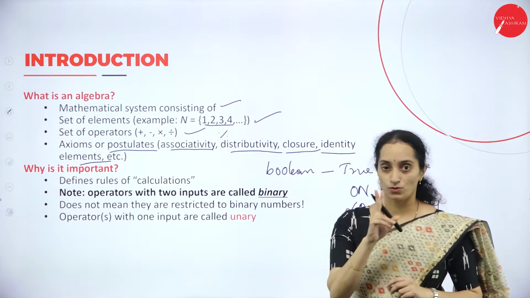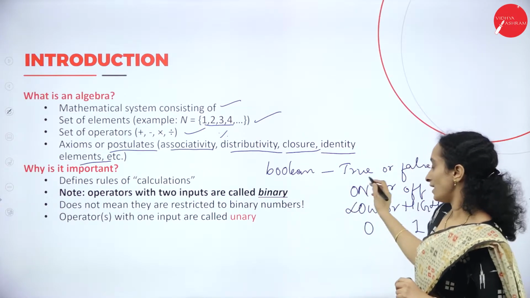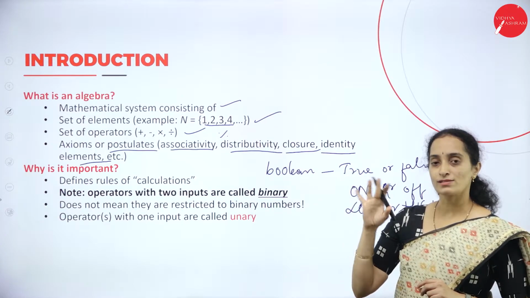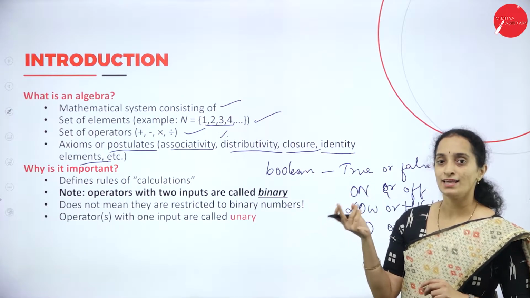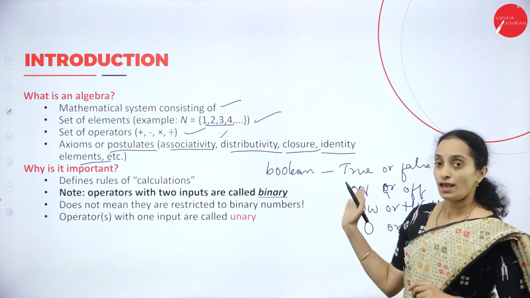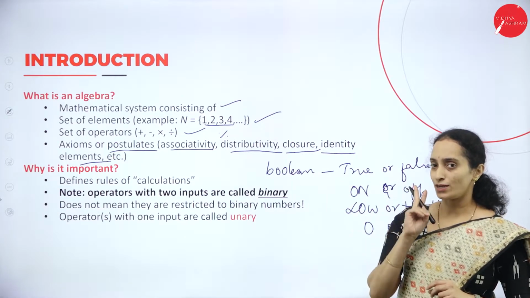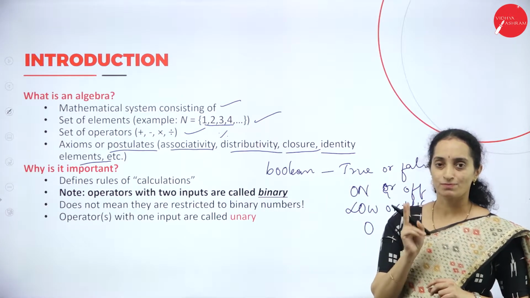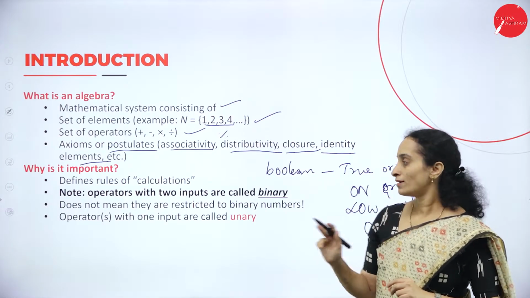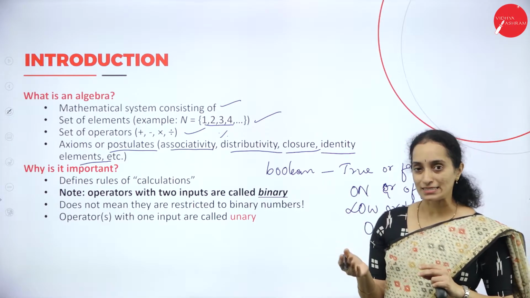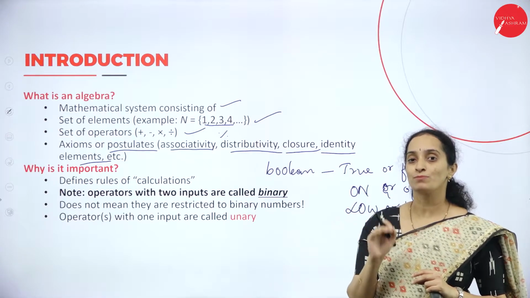Whenever your expression contains only two values like this, true or false, on and off, low and high, or 0 or 1, any expression that contains only two operands is called Boolean.